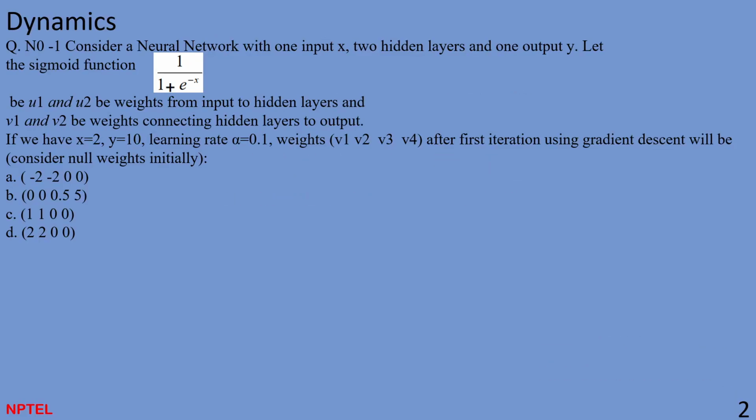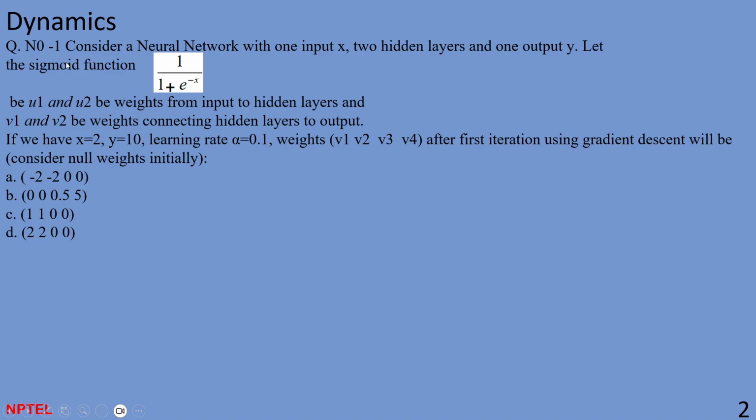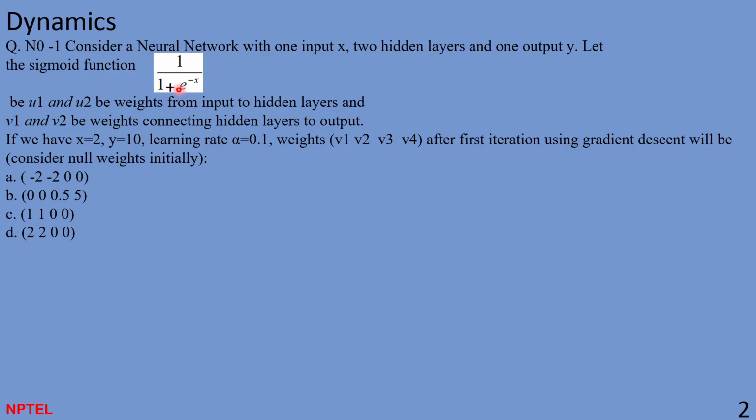So let's solve the first question. Let's read out what the question says. Consider a neural network with one input X, two hidden layers and one output layer Y. Let the sigmoid function be your transfer function, 1 upon 1 plus e to the power minus x.